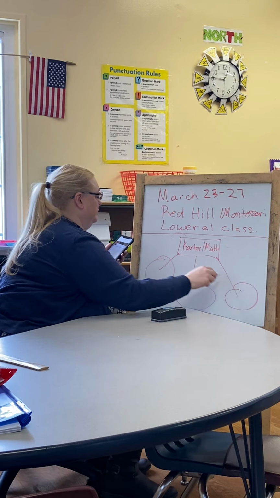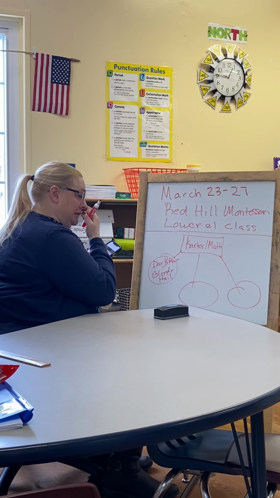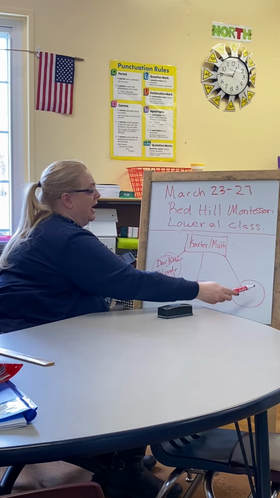And it says draw or write details about yourself in the oval. So we know that Karter has brown or dark hair. Matti has blonde hair. Karter has dark eyes. Matti has blue eyes.